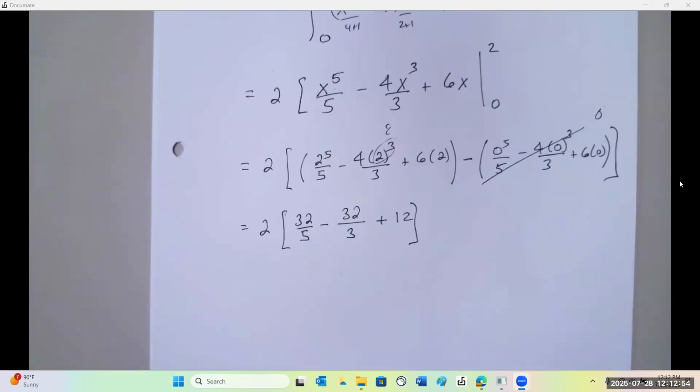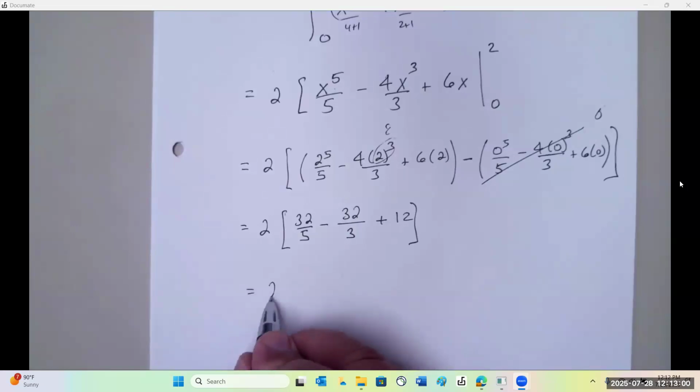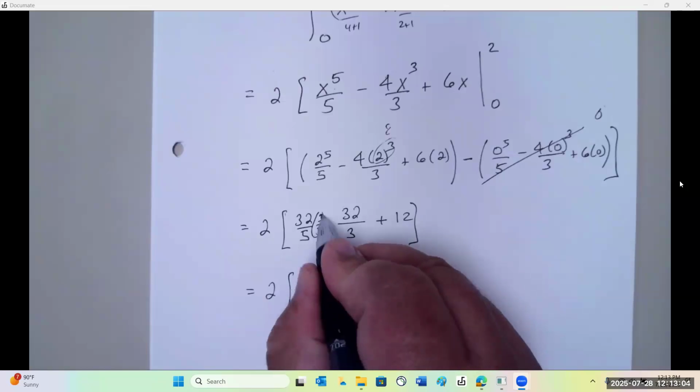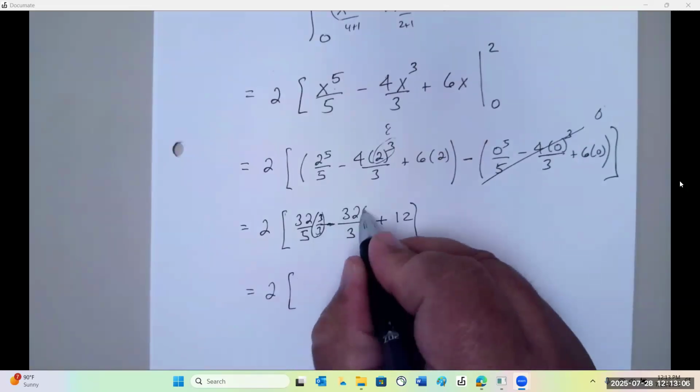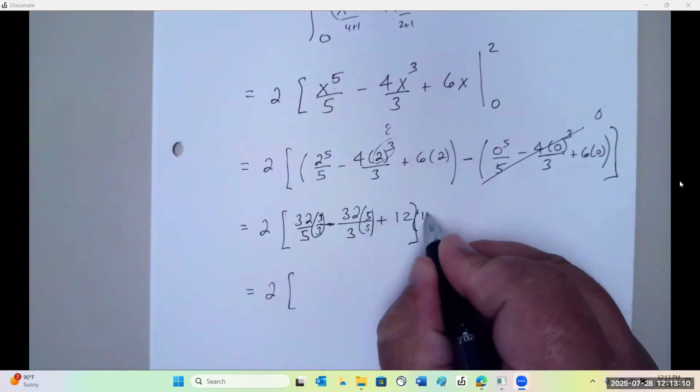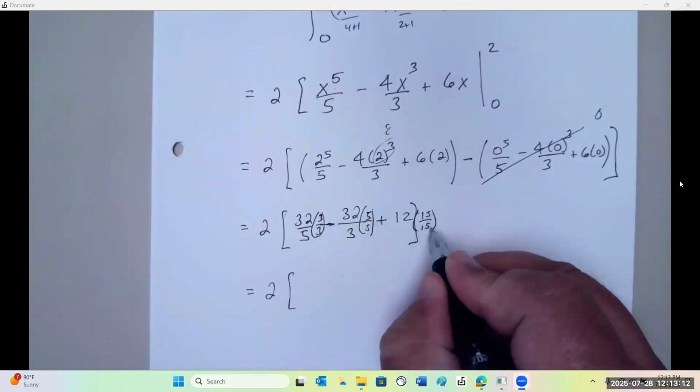Now comes the algebra. We have to have an LCD. What's the LCD? 15. So we have to multiply this one by 3 over 3, this one by 5 over 5, and this one by 15 over 15.